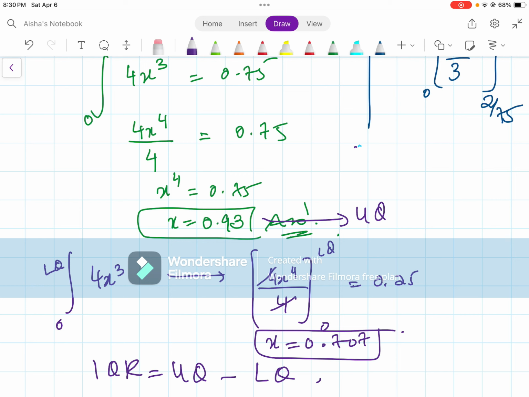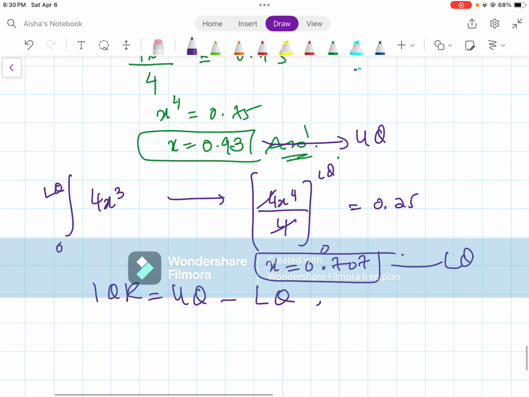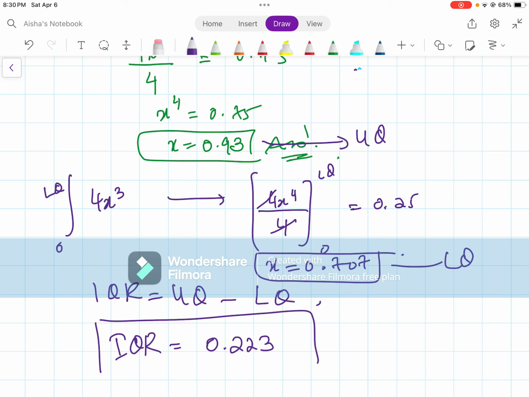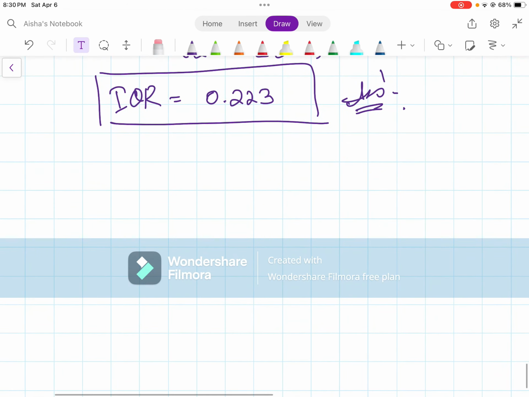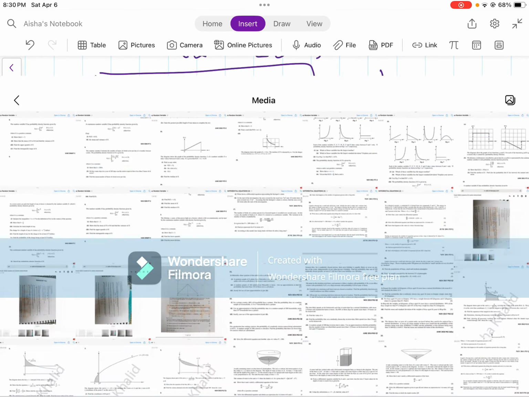This is upper quartile, this is lower quartile. Let's take up one more question.